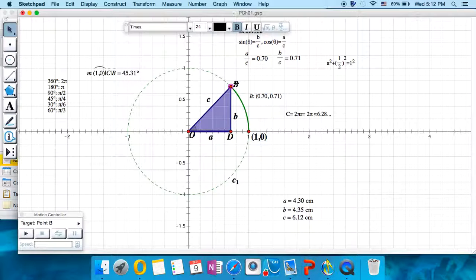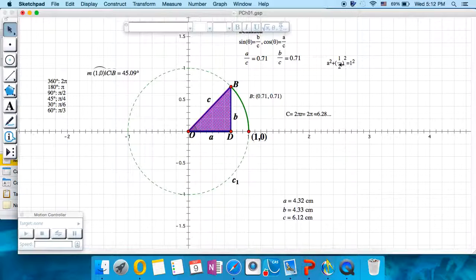Let's set this point up to 45 degrees. Okay, that's good enough, I guess. This is a special triangle because it is half of a square. You see the square now with diagonal 1.